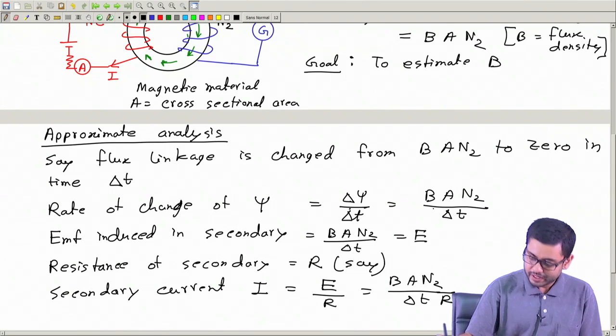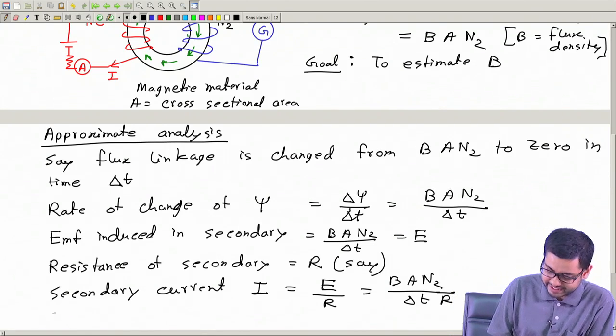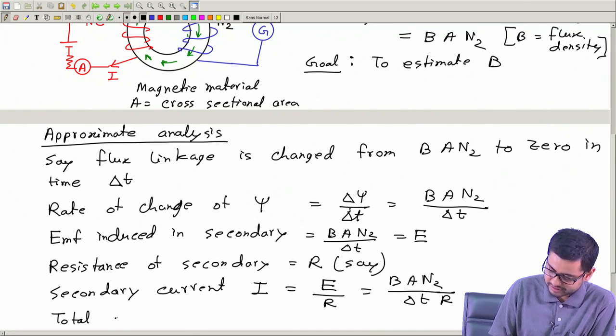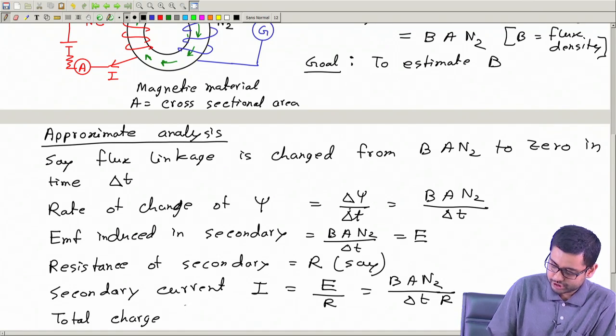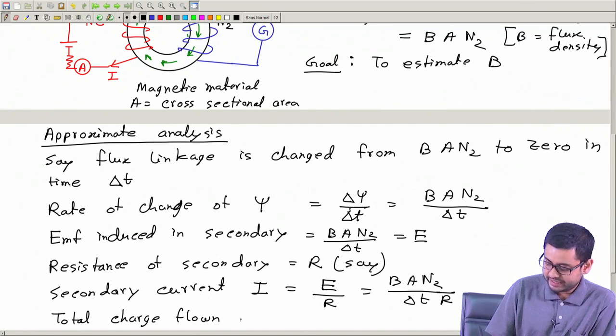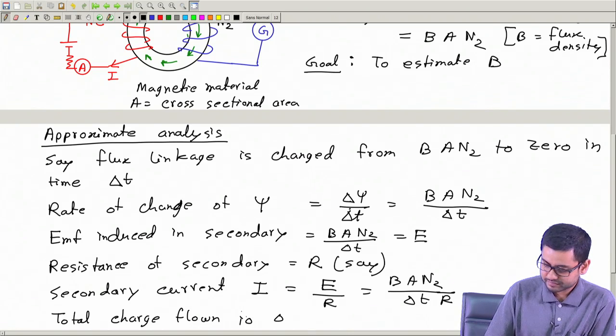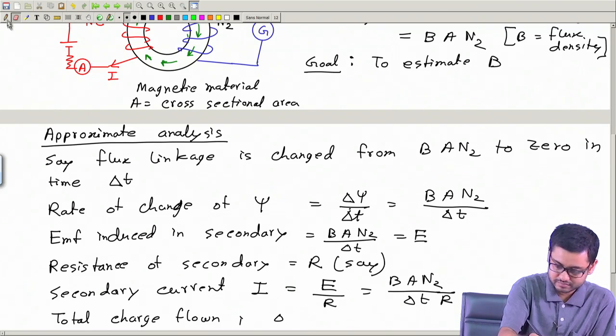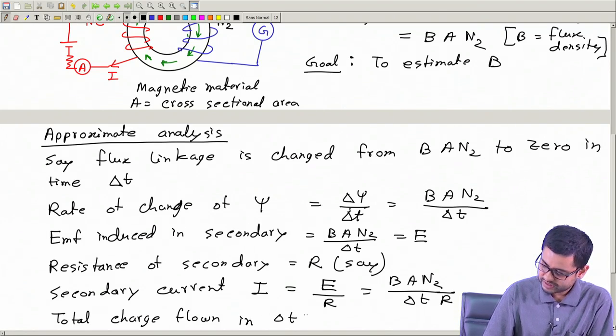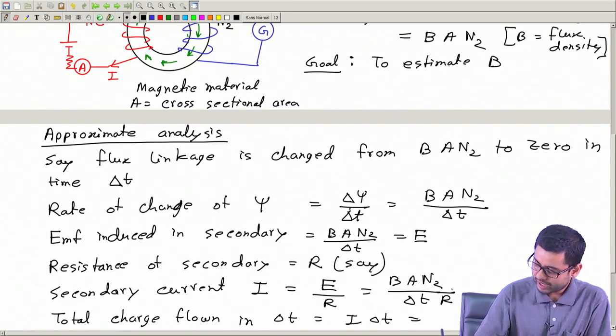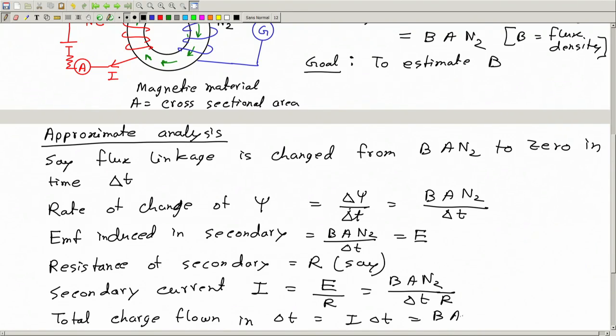Then the total charge flown in delta t time will be equal to I delta t, and I is BAN2 by R delta t, and delta t will cancel. So, this is the total charge.